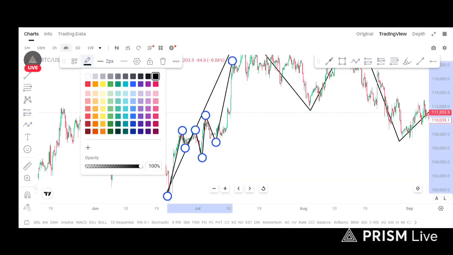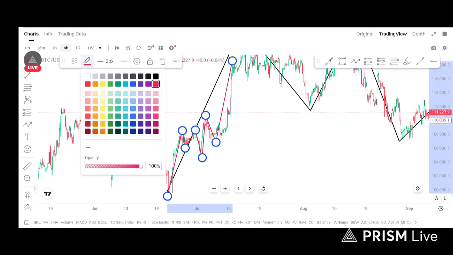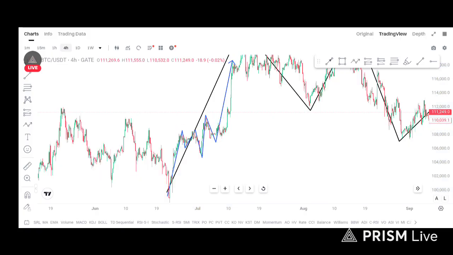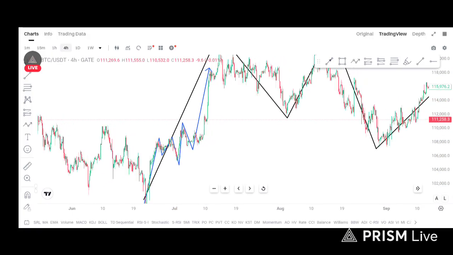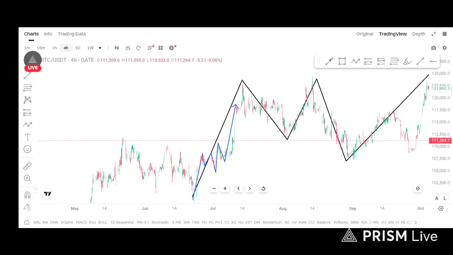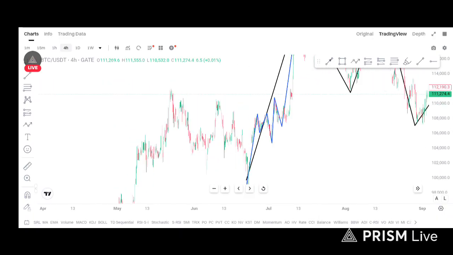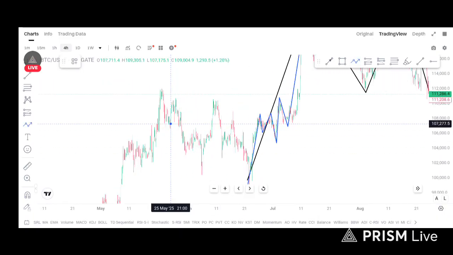Let me change the color. So let's use blue. So are you seeing? I see what I've been talking about. Even here, see that stuff. This was a downtrend.